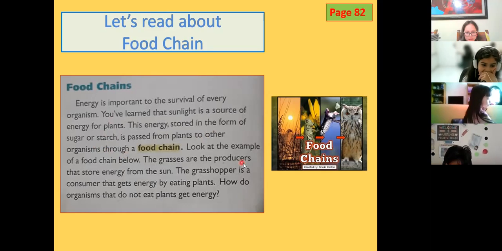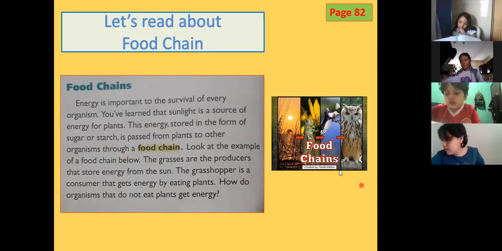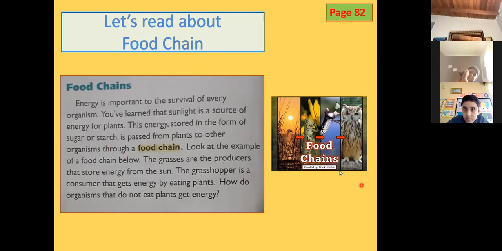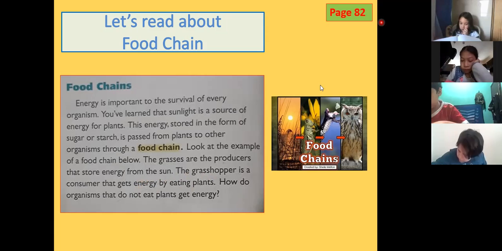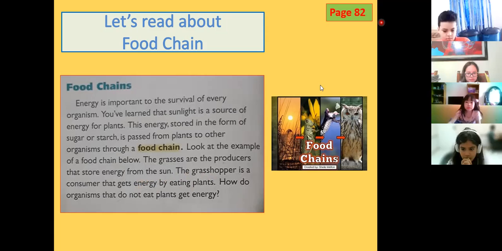Look at the example of a food chain below. The grasses are the producers that store energy from the sun. The grasshopper is a consumer that gets energy by eating plants. How do organisms that do not eat plants get energy? Thank you so much, Valerie.